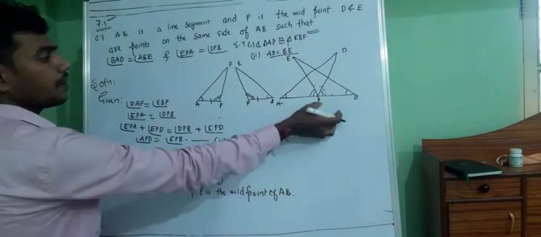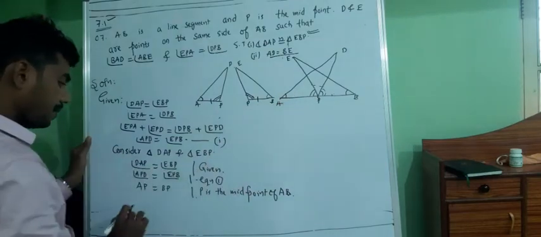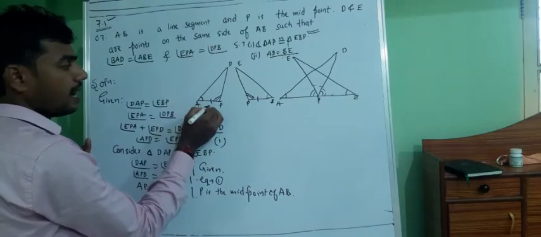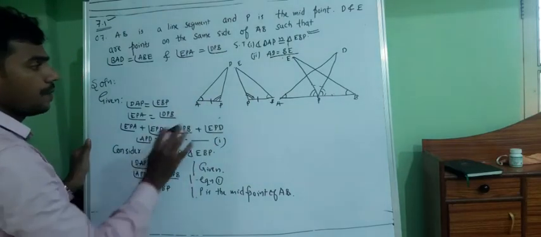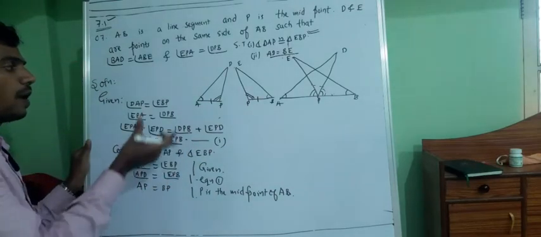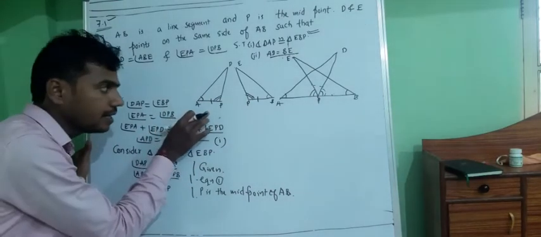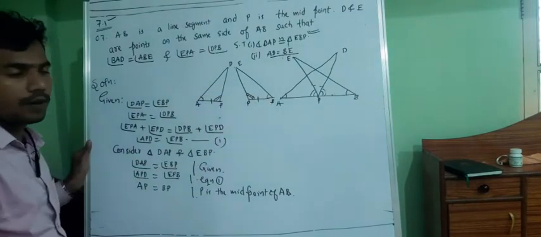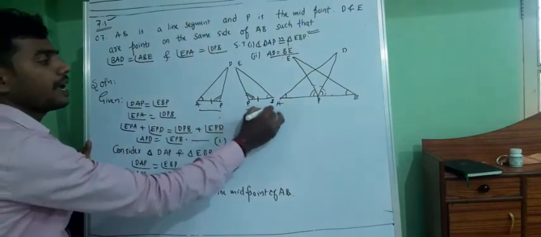P is the midpoint of AB, that is the reason AP is equal to BP. Now, angle, side, angle. Two angles and the included side of this triangle are equal to two angles and the included side of this triangle. Then I can say these two triangles are congruent.